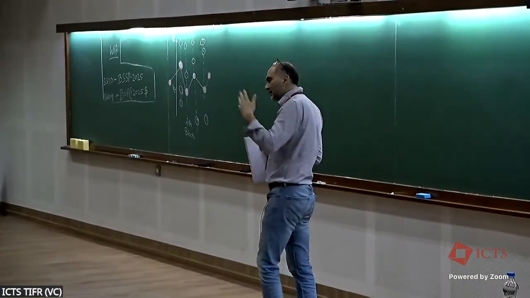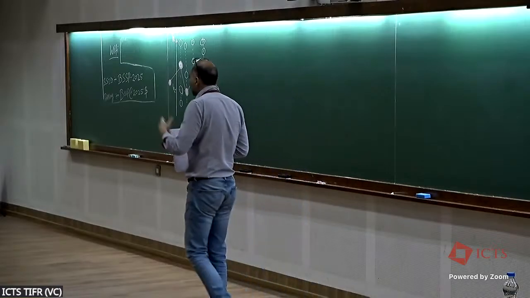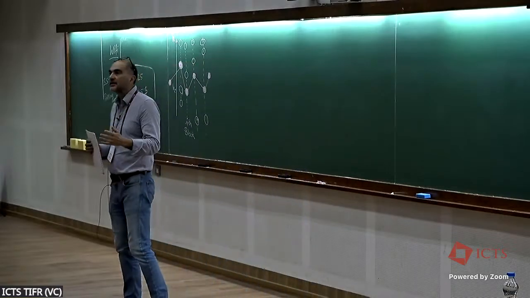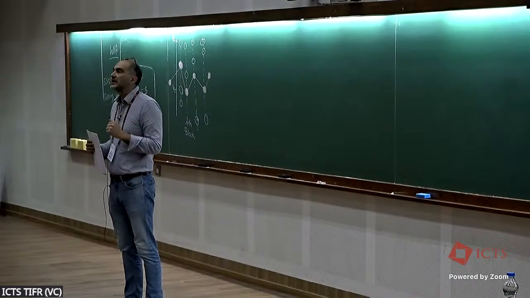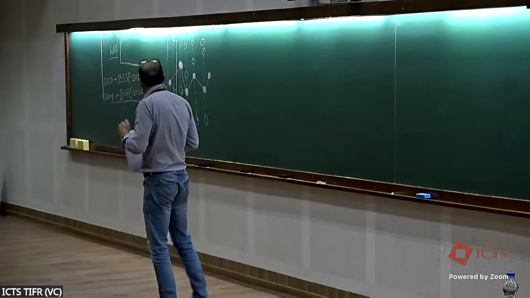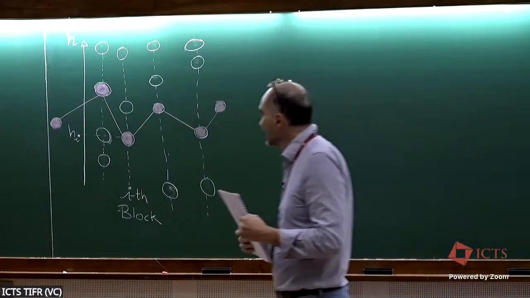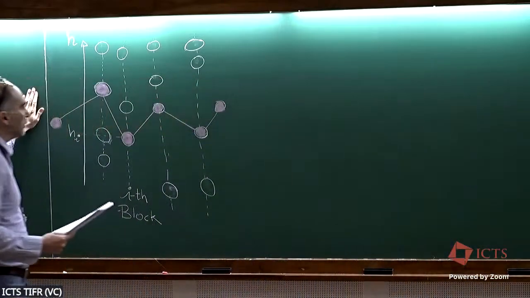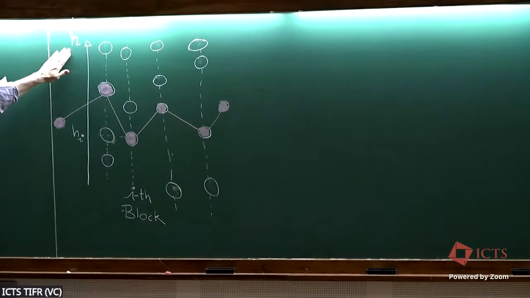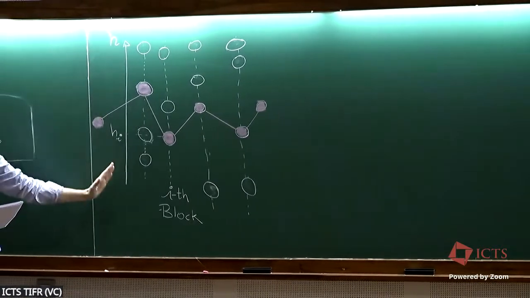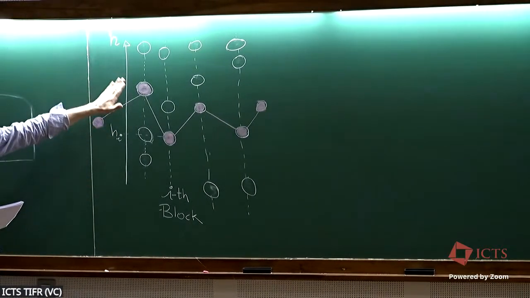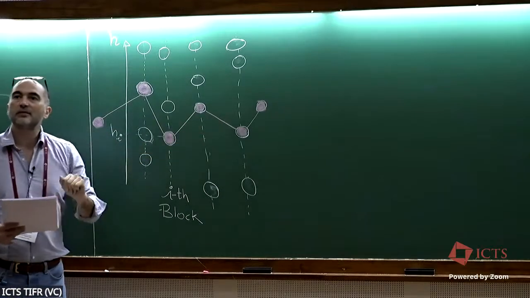So yesterday I introduced the model of an elastic interface pulled with an external force F. And then we worked a little bit and we ended up with a discrete model that I draw here. The height of the interface is this axis, and in pink you see the interface in one dimension.